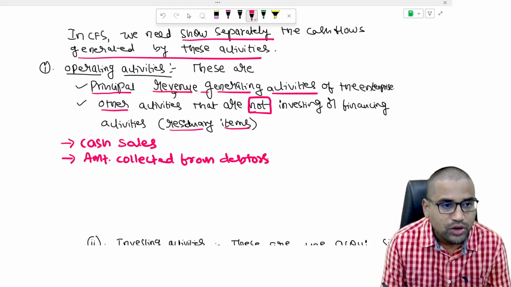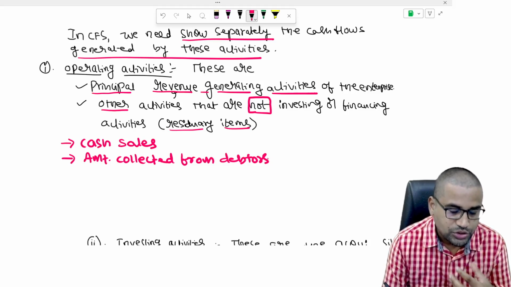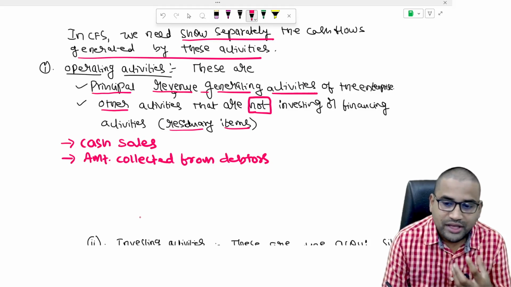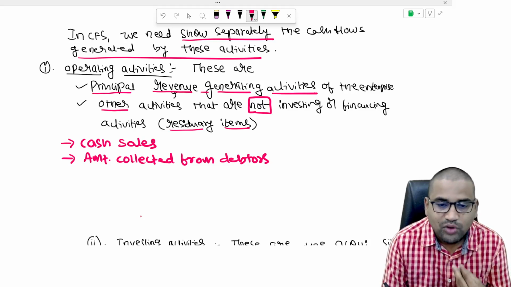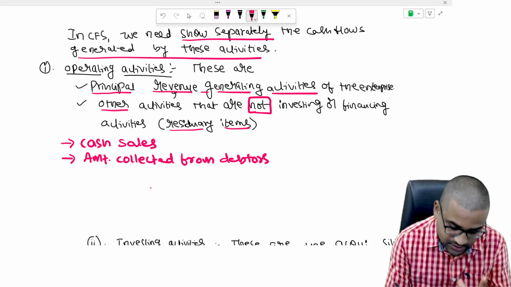Any amount you collected from debtors, nothing but the person to whom you made credit sales, now he is making the payment. So whatever the amount collected from debtors is definitely an operating activity because these are principal revenue generating activities.